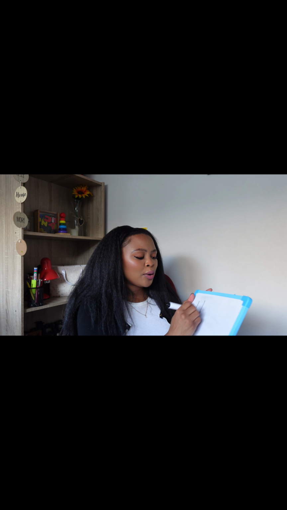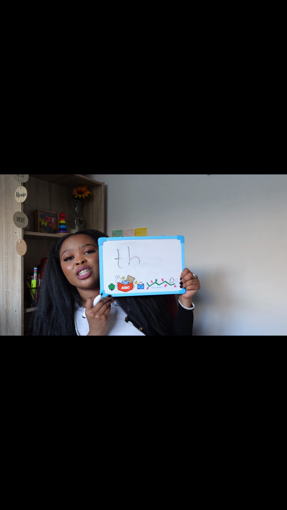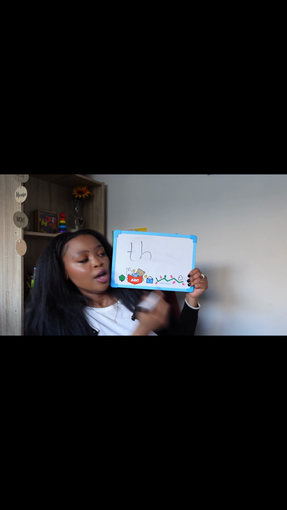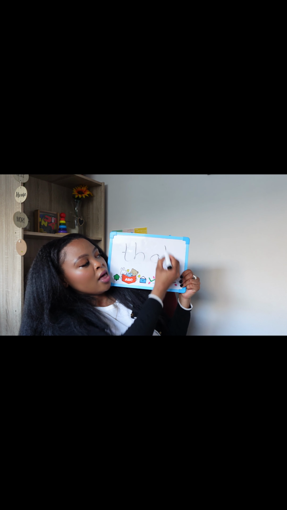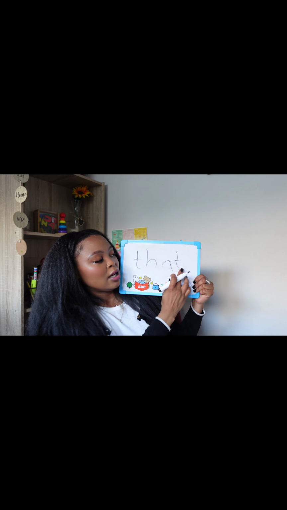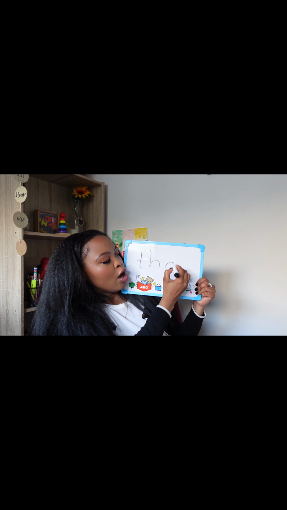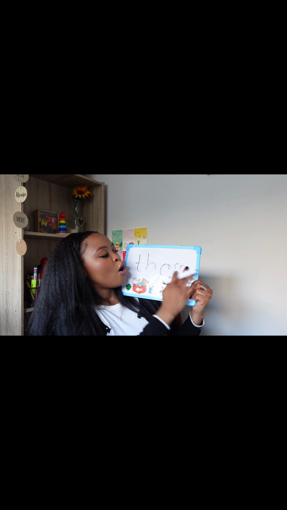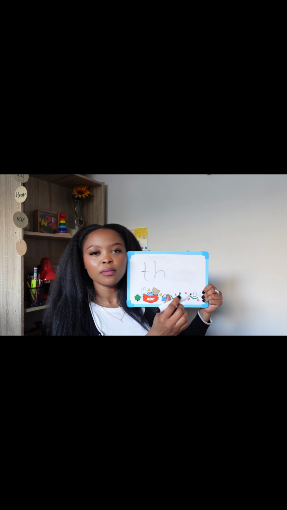And the good thing about teaching things like this is that you can then go ahead and teach your child any word that has th. So for example, we have the word that. Now your child will be able to read that, or even those. Okay, I can't think of any other word.